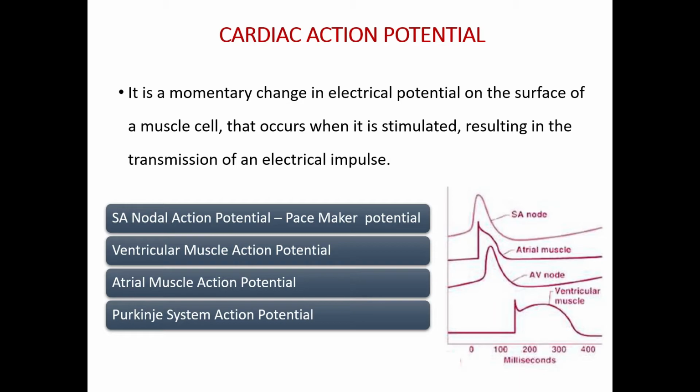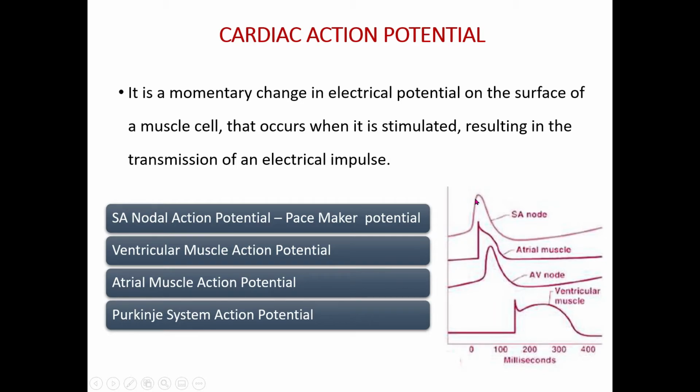There are different types of action potential: SA nodal action potential, ventricular muscle action potential, atrial muscle action potential, and Purkinje system action potential. The SA nodal action potential is basically responsible for the atrial muscle contraction.